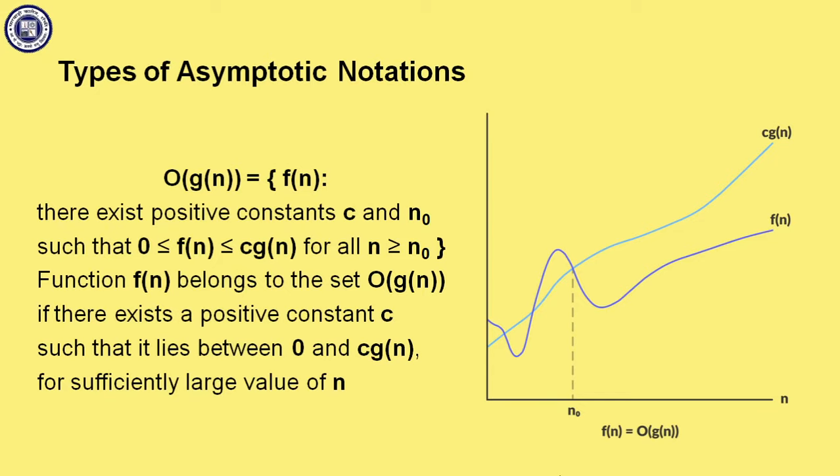Hence, the graph for the big O notation will fall slightly above the actual graph, which is given by a constant multiplied by the function g of n.